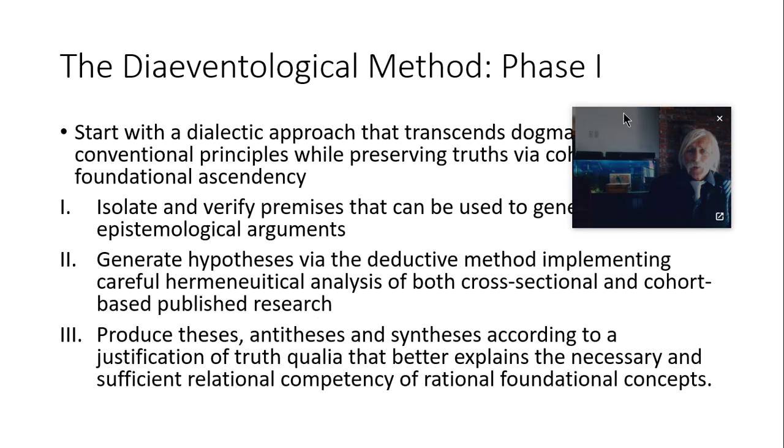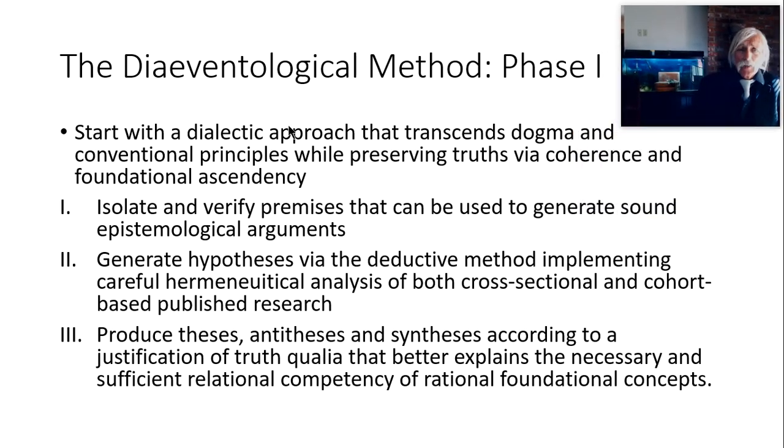So let's take real briefly a look at the dialectical method. Phase one is start with a dialectical approach that transcends dogma and conventional principles while preserving truths via coherence and foundational ascendancy. Isolate and verify premises that can be used to generate sound epistemological arguments, ones generated to find knowledge, right, like through concepts.